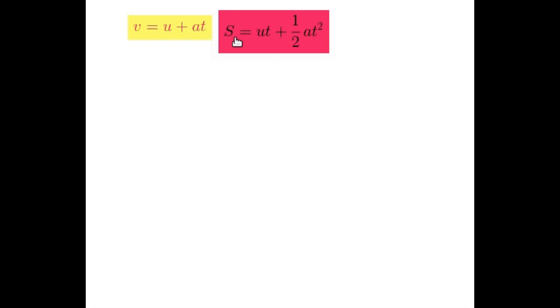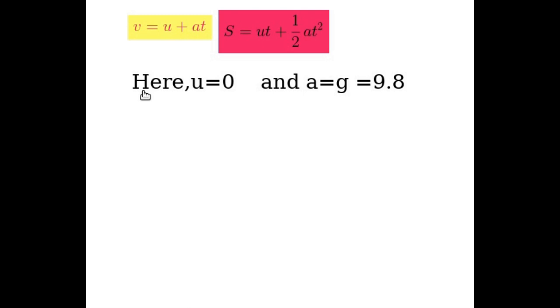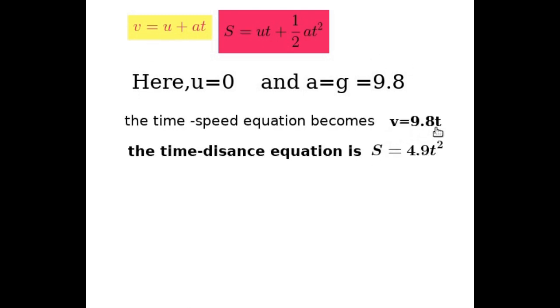Here the initial velocity u is equal to 0 and a is equal to 9.8. So the equations become v = 9.8t and s = 4.9t². Here u becomes 0 and a becomes 9.8.